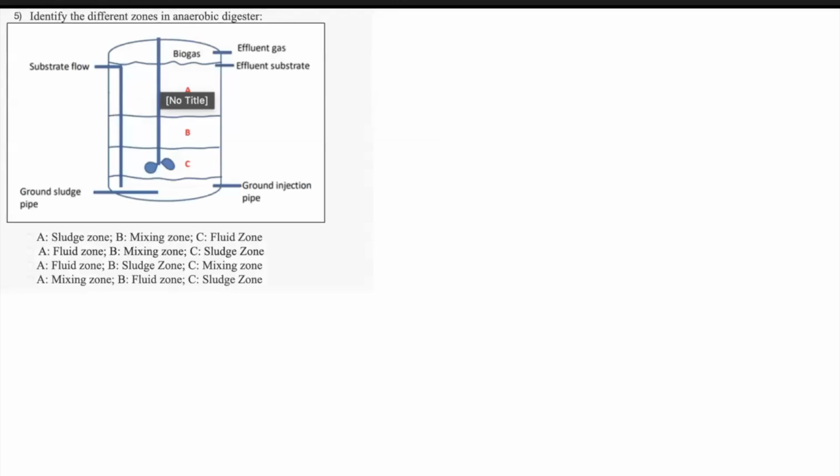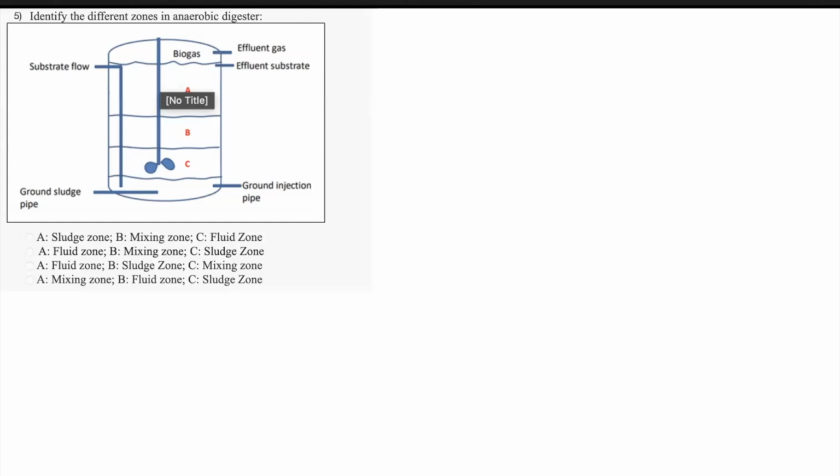So our next question is a picture question. In this, you need to identify the different zones in this anaerobic digester. There are three zones given here, A, B, and C. You need to tell me the zones. Is A the sludge zone, B the mixing zone, and C the fluid zone?